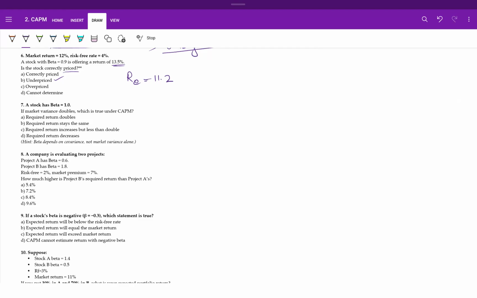But you are not told how covariance changes. The model requires returns depending on the beta, not directly on the market variance. And in most standard usage, you do not assume the required rate of return changes unless beta itself changes. So I am going to assume that the required rate of return stays the same.